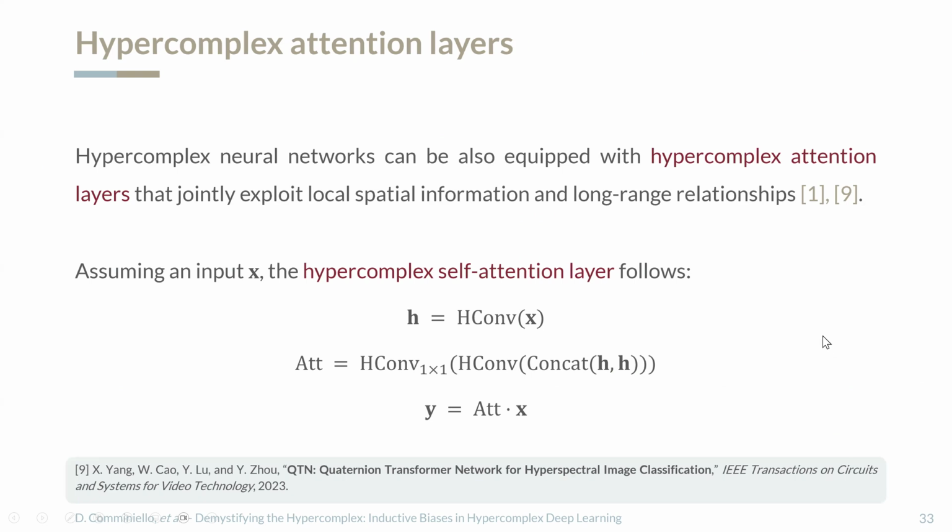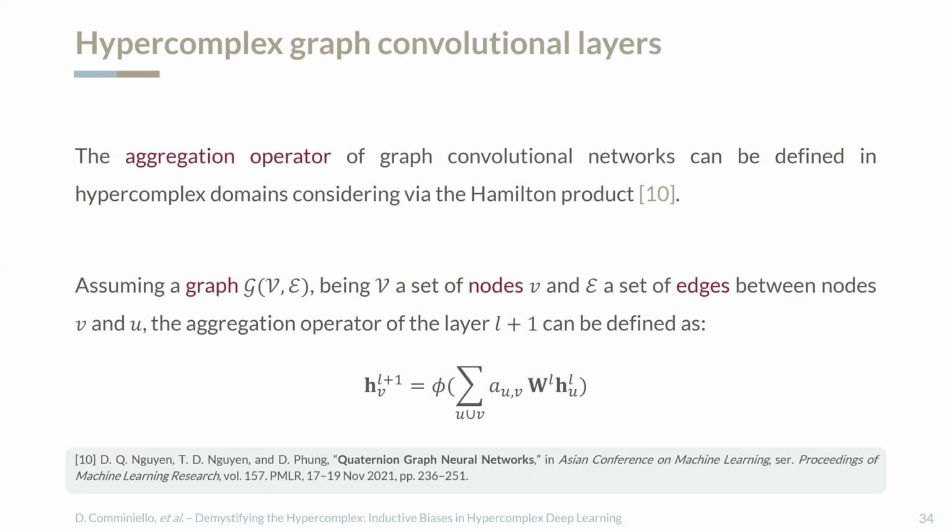With the same approach, we can redefine attention layers, also convolutional layers, graph convolutional layers, and so on. Because starting from the Hamilton product, we can redefine also the other kinds of layers, which are based on multiplications or convolution.